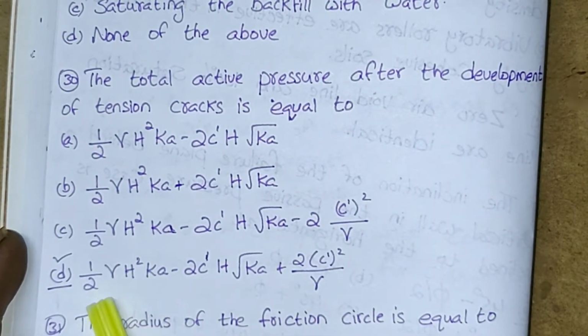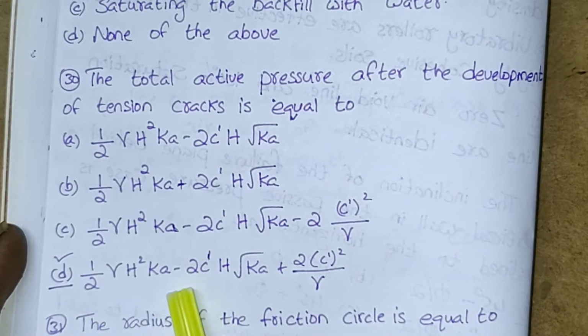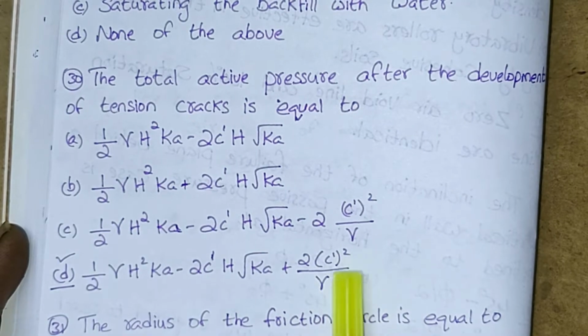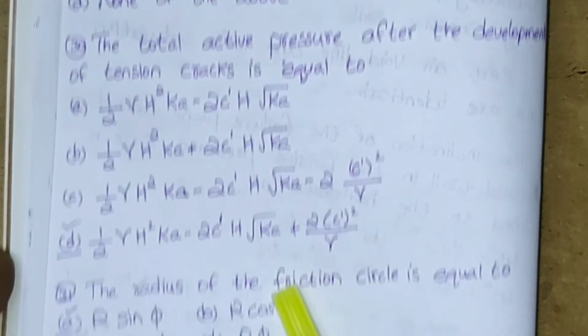So the correct answer is 1 by 2 gamma h square Ka minus 2c h into root Ka plus 2 into c square by gamma.